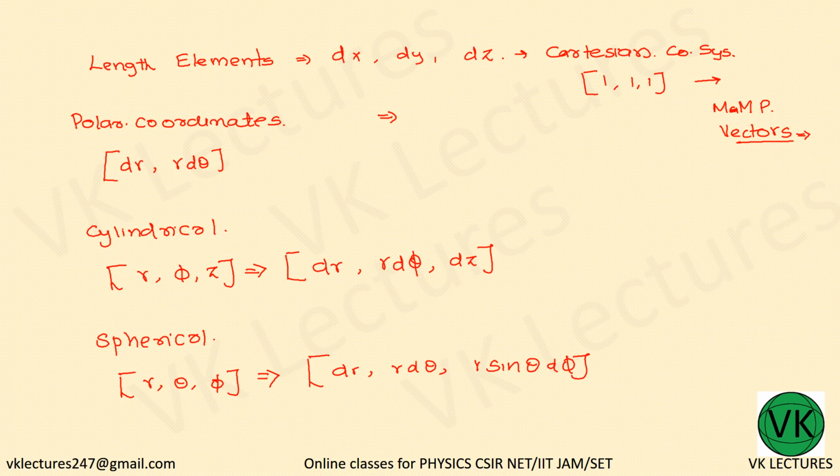For polar coordinates it is 1 and r, for cylindrical it is 1, r, 1, and for spherical polar coordinates it is 1, r, r sin theta.